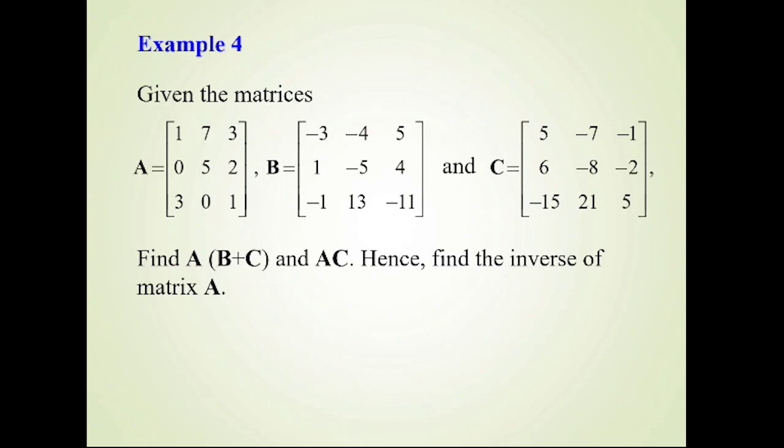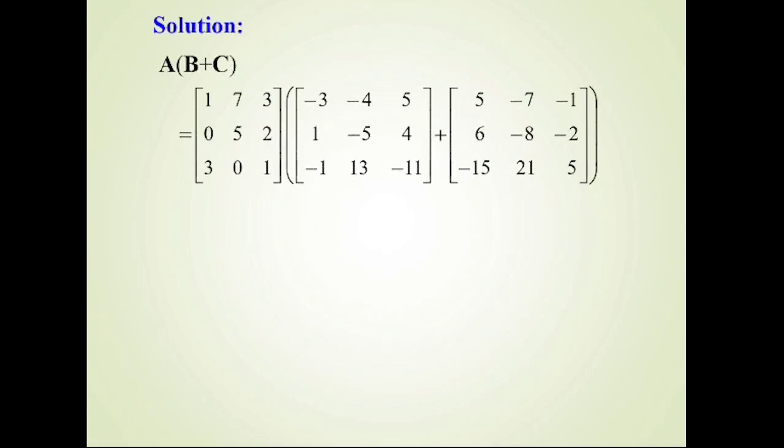What about example 4? We have these three matrices. Find A times B plus C and A times C. Hence, find the inverse of matrix A. Write down your matrix A and then B plus C in the bracket.